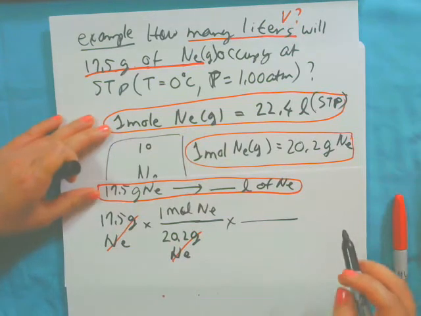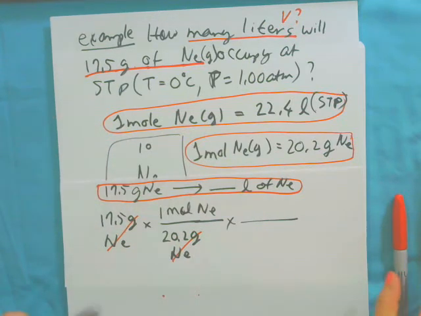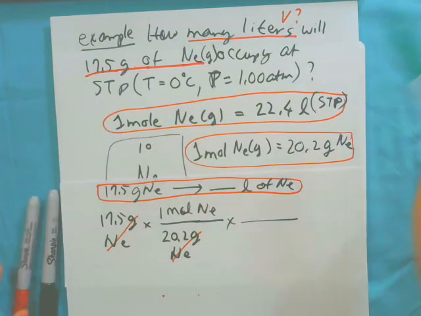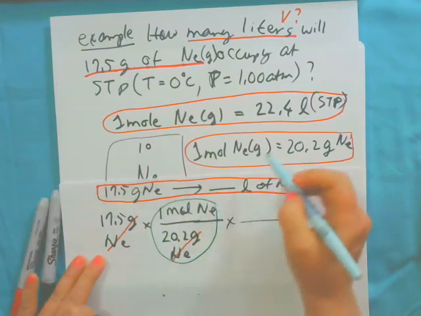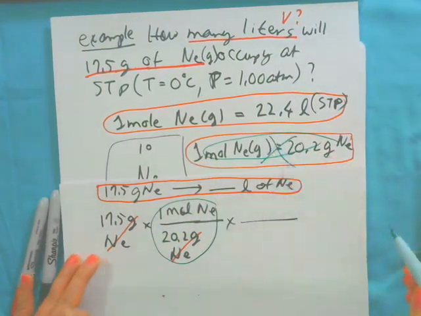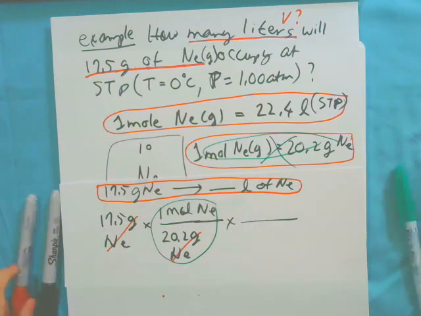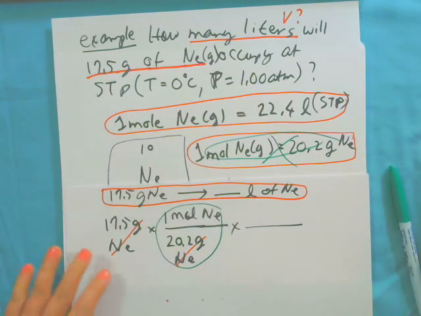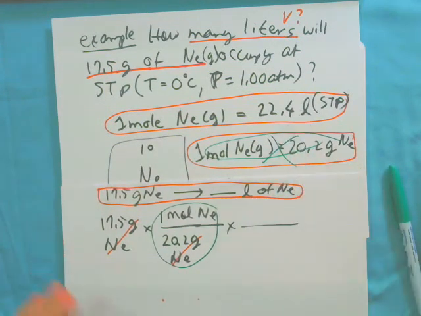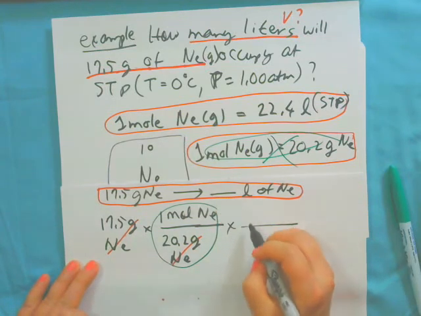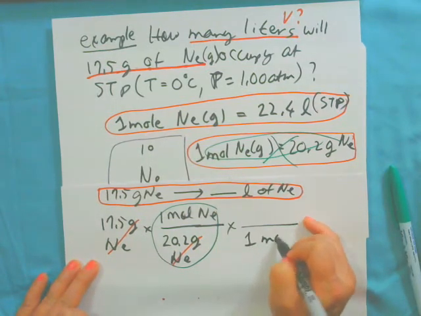I'm going to go ahead and use my second conversion factor. So this right here took care of our first conversion factor. There's my first conversion factor. I use that one up. So now I'm going to use my other conversion factor. My other conversion factor is going to go from moles to liters. So I want moles on the bottom, so I would like to cancel out my moles.